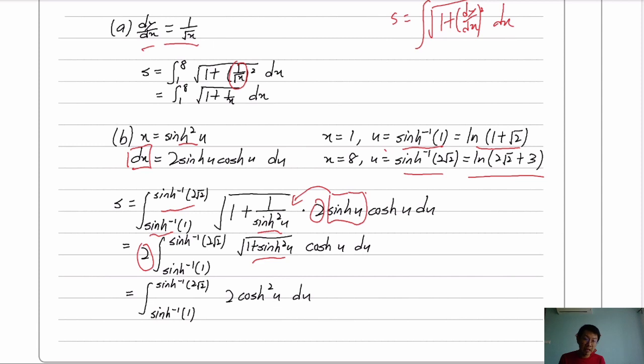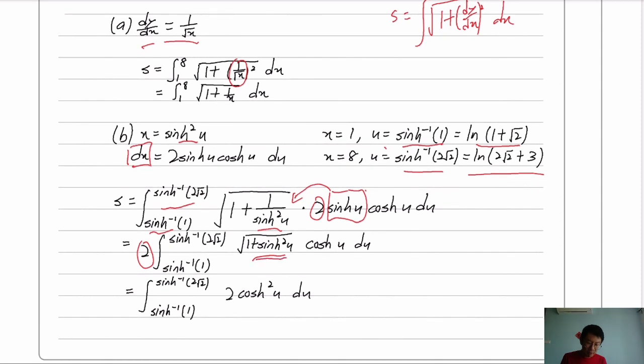Why do we need to do that? Because 1 plus sinh squared is cosh squared, and it has a square root. So when it has a square root, we get a cosh, and we still have one more cosh outside. So this actually gives us a cosh squared. Then we move in the 2. Why do I move in the 2?